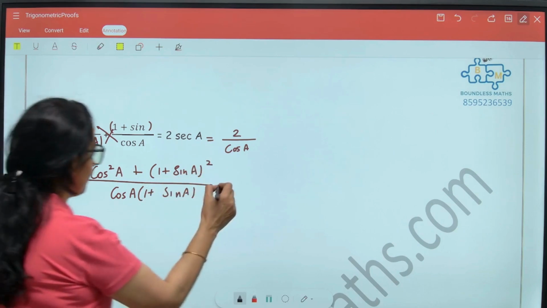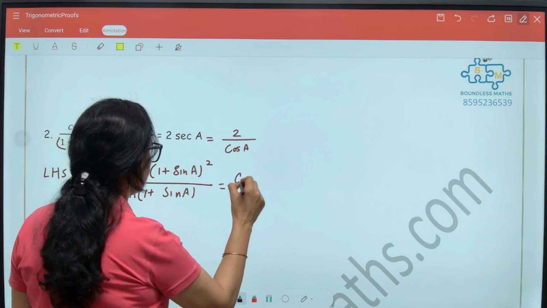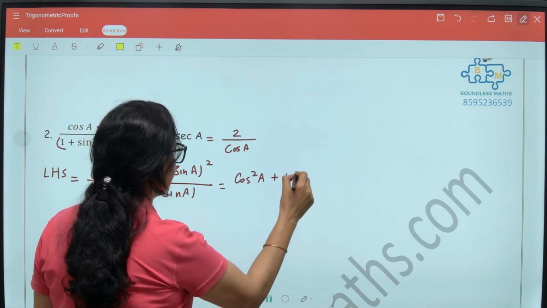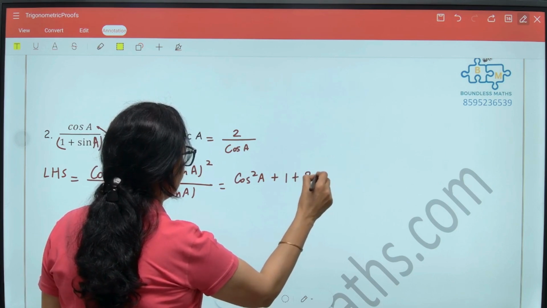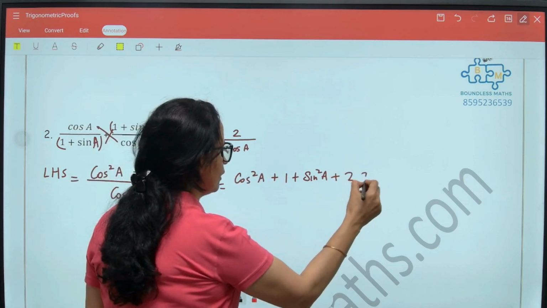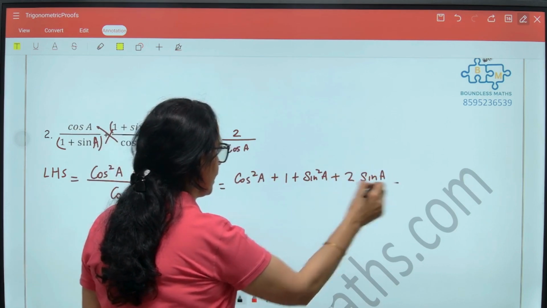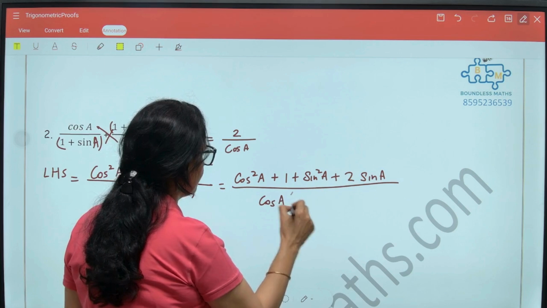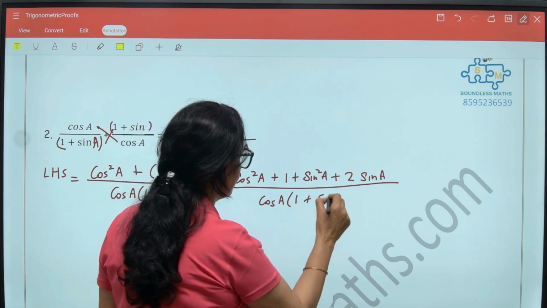Open the bracket using the first algebraic identity, a plus b whole square. So that is a square plus b square plus 2 sin A, and the denominator remains the same, cos A into 1 plus sin A.